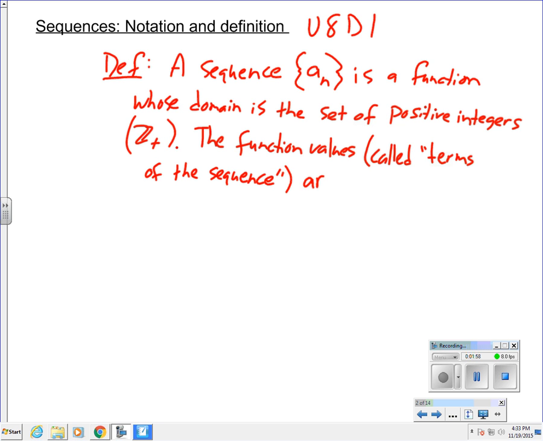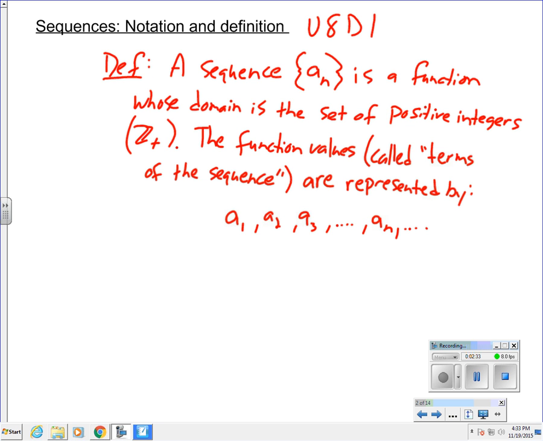They are represented this way: a1, a2, a3, a_n, and keeps going. So this is our definition.